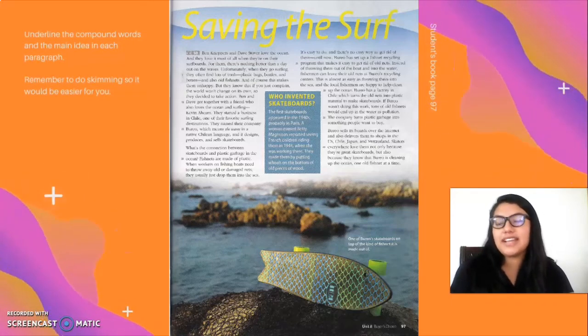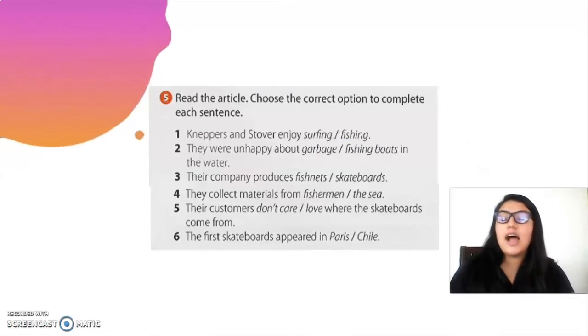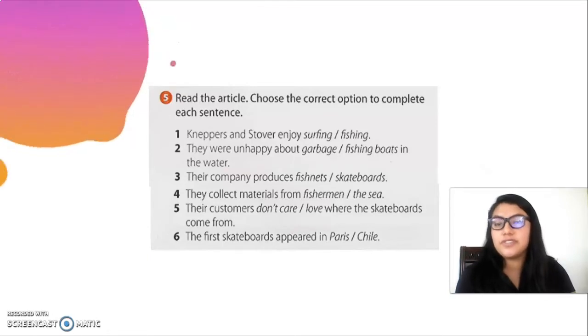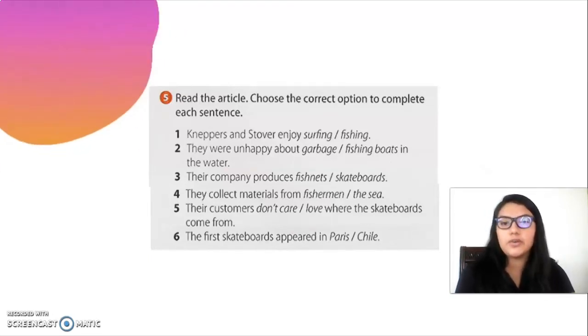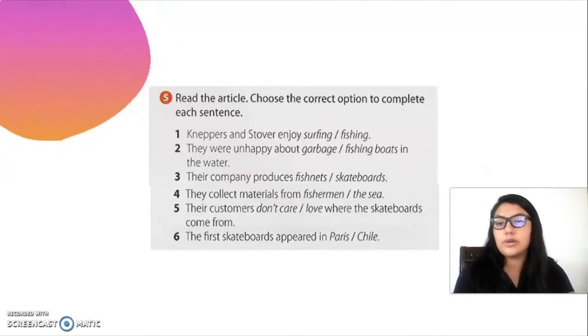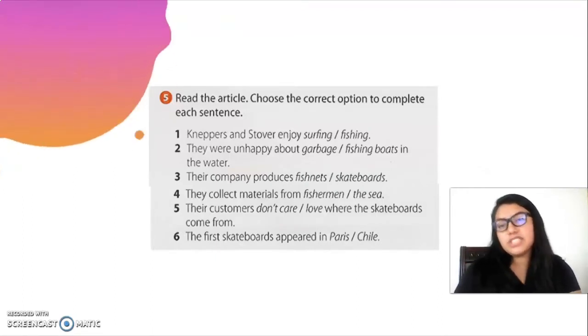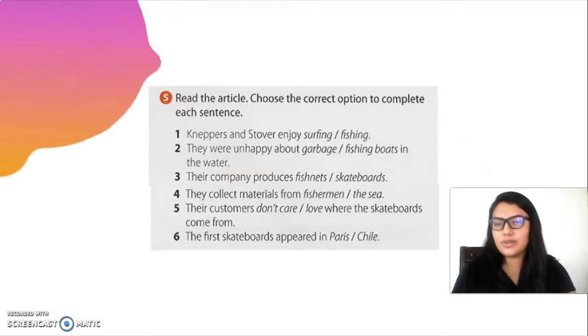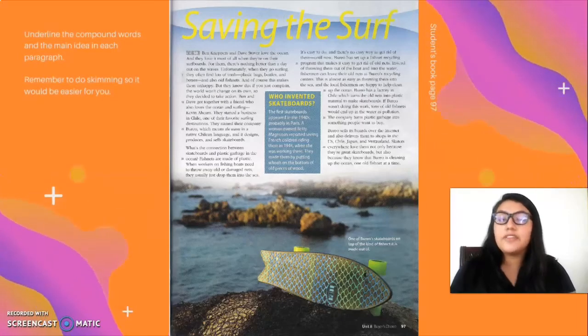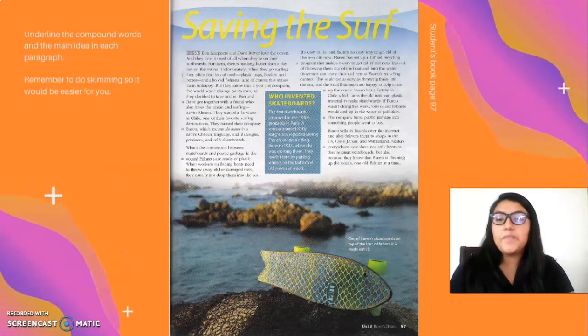We're doing exercise number 5. I'm going to read you the instruction first. It says, read the article. Choose the correct option to complete each sentence. I'm going to give you some tips so it could be easier for you to answer this exercise. The first one is that you need to do a skimming.